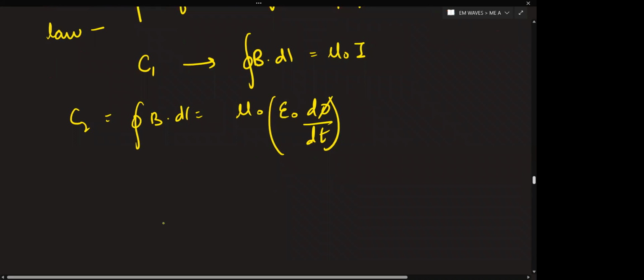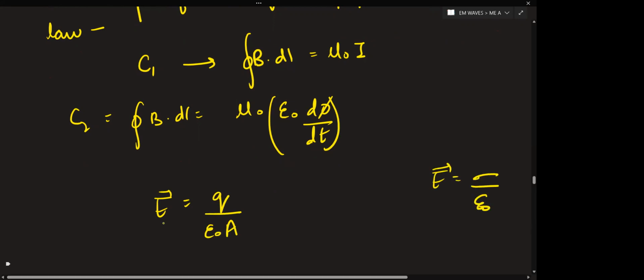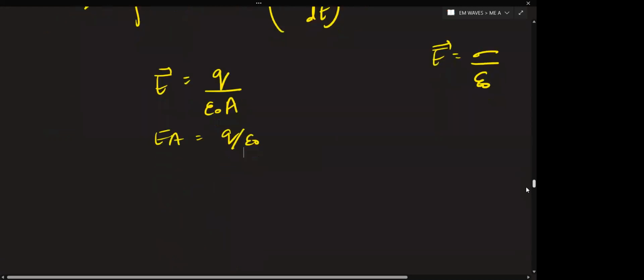You see, electric field is what? Electric field is Q divided by epsilon naught A. Sigma by epsilon naught, no, we did it for a plane sheet. For area of a capacitor, that will be E is equal to Q by epsilon naught A. So EA will be equal to Q divided by epsilon naught from Gauss theorem, just inverse steps of Gauss theorem that we did.